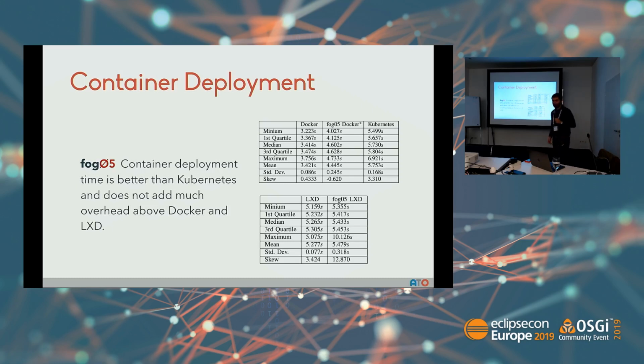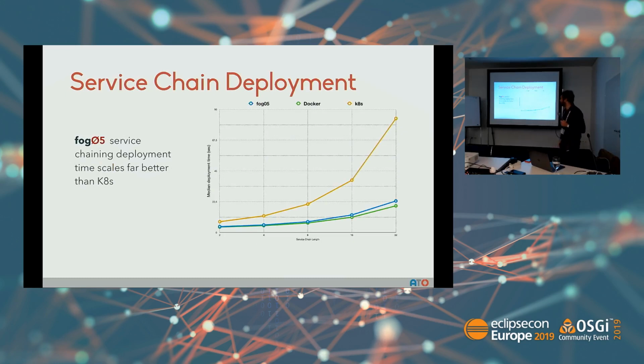And you can see Kubernetes takes a little bit more time, but this becomes tricky when you have a chain of dependencies in your service. This is like the worst case, because you have a service that depends on a service that depends on a service. So we tried increasing the length and measuring the time.